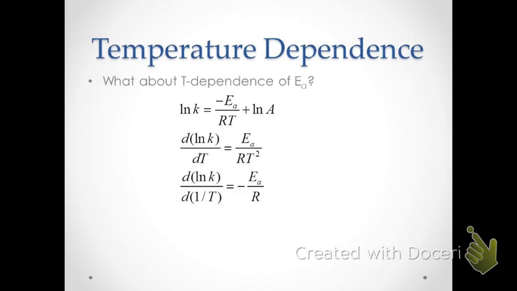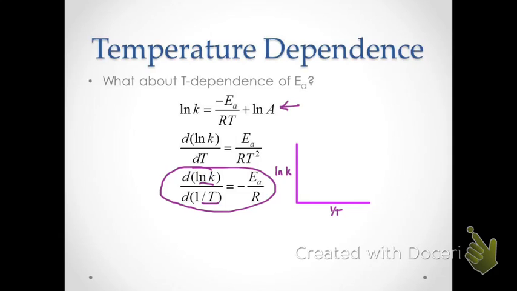Well, going back to our equations, we have the Arrhenius equation, natural log equation here, and we can clearly see that based on this equation, particularly the slope, this would correspond to the instantaneous slope of a plot of the natural log of k versus 1 over T. If indeed we don't have a straight line, if we have a situation where the slope is not constant, then the activation energy will be different at different temperatures.